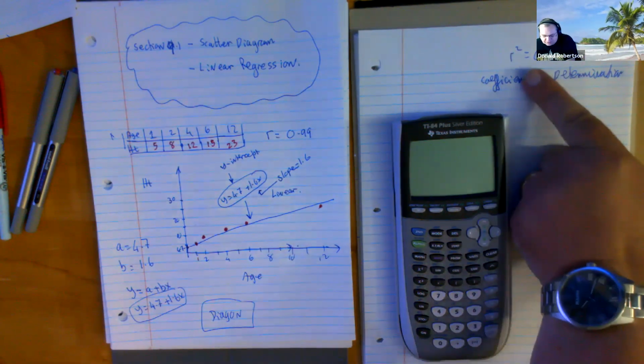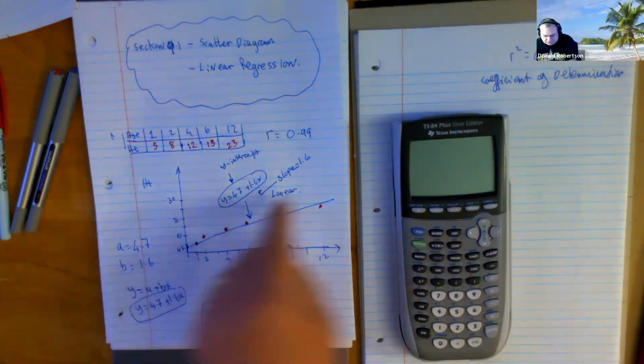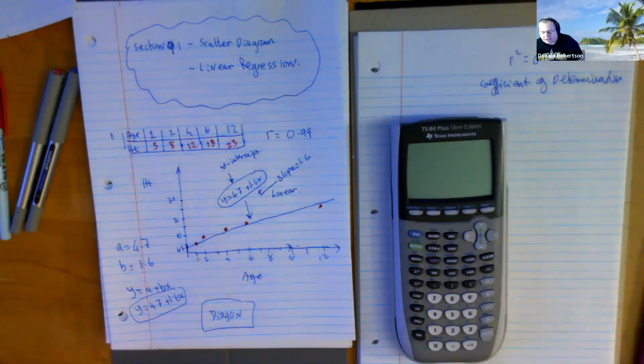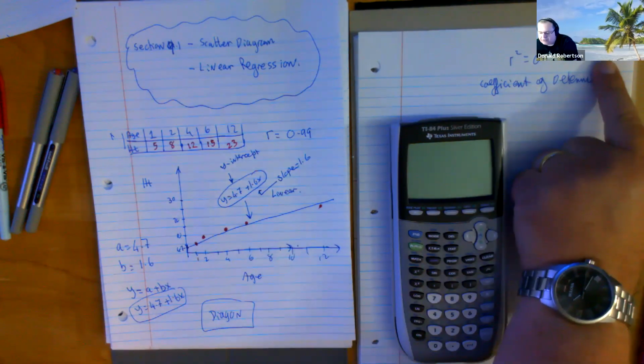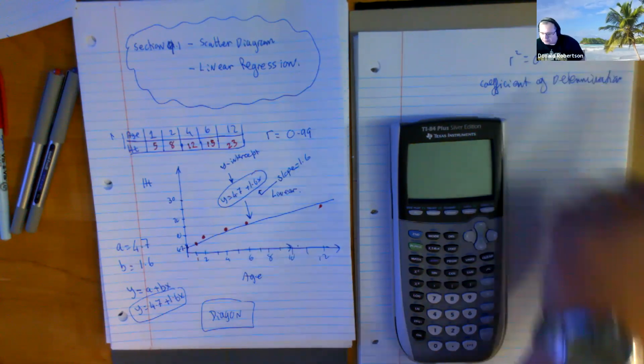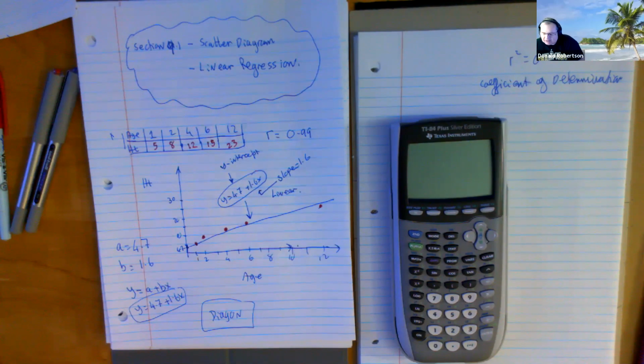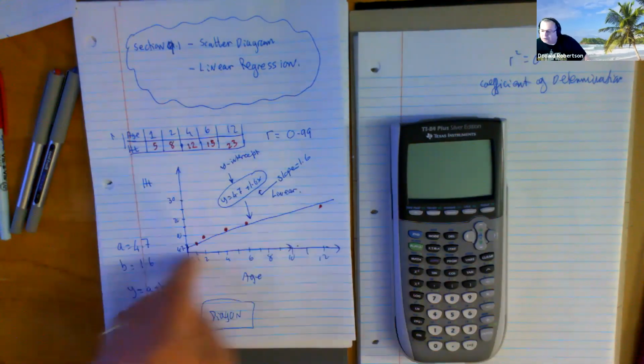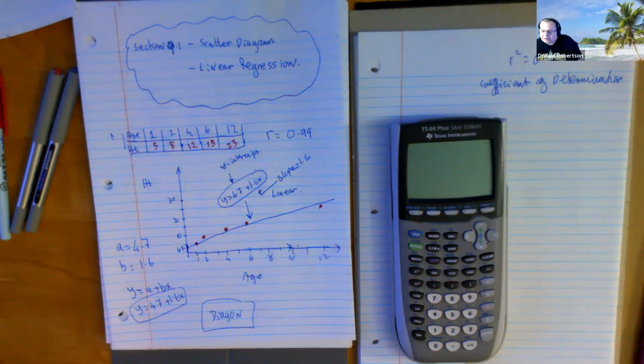The jargon way of phrasing it is that 98% of the variation is accounted for by the straight line. In more plain English, it's a 98% fit.